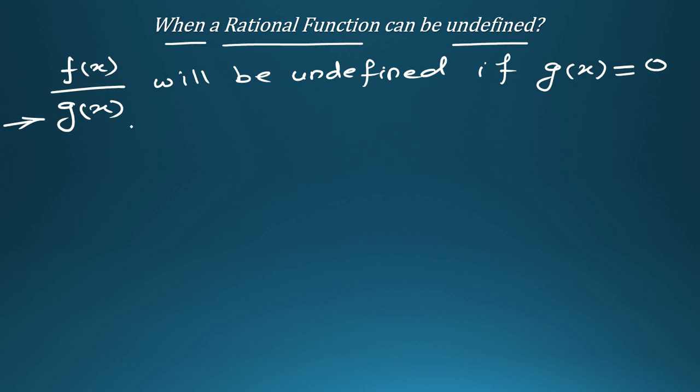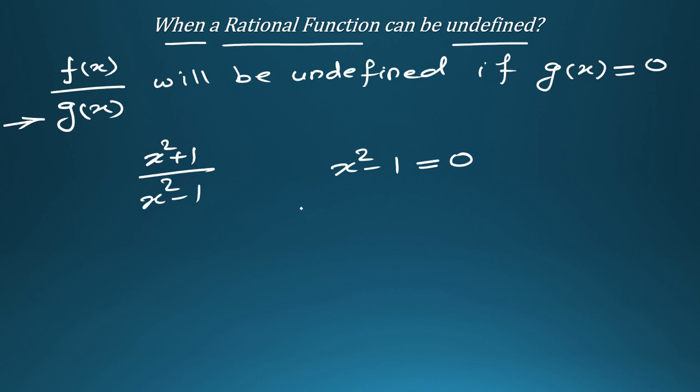Now you can have a direct or indirect question that find the value of x for which the function will be undefined. For example, we have say (x square plus 1) upon (x square minus 1). Now question can be find the value of x for which this function can be undefined. So what you will do, simply you just put x square minus 1, means whatever is written in denominator, you just make it 0, and now find the value of x.